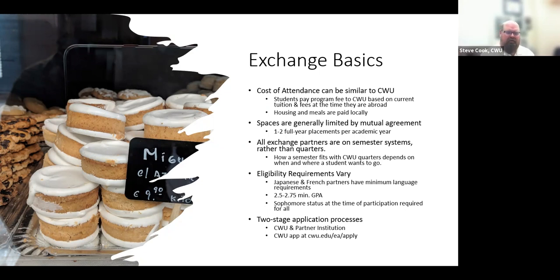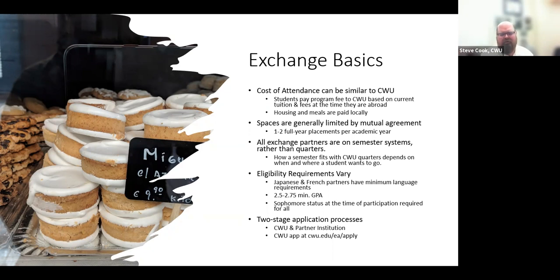On the other hand, some semesters are going to overlap 2 CWU quarters. And therefore that program fee is a little less than students would pay for a similar time here at CWU. And then of course, if you're there for 2 semesters, then it's a wash. It's going to be the same as if you were here for the full academic year.